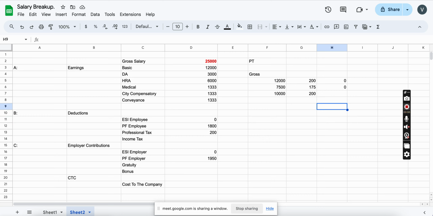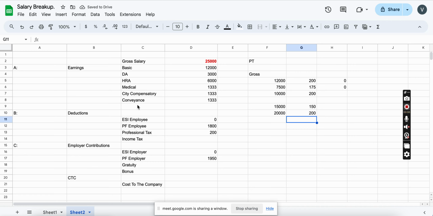However, employment is also less there, so you will hardly prepare any salary breakup for them. Then if you talk about Andhra Pradesh or Telangana, there the rule is, if it is 15,000, 150, or if it is 20,000, then 200, like that.